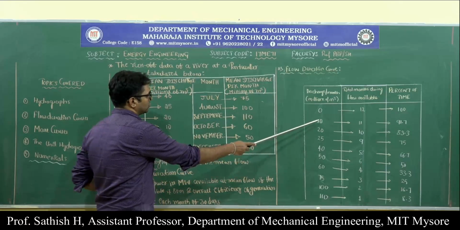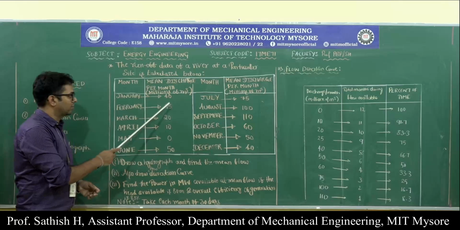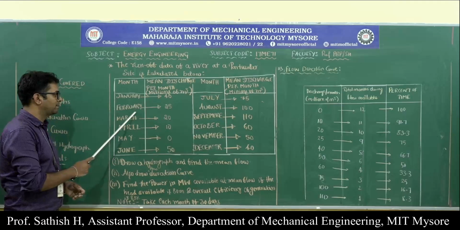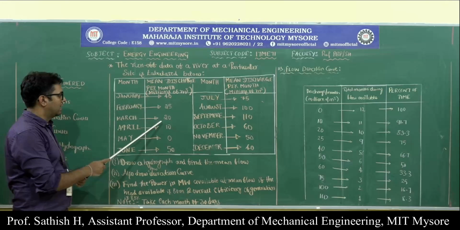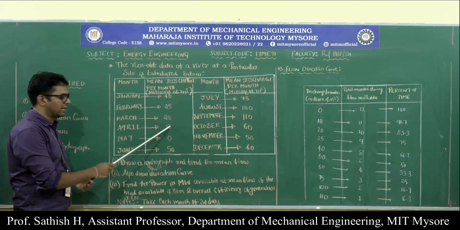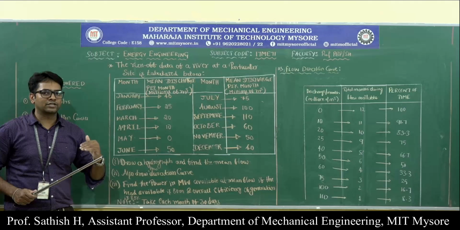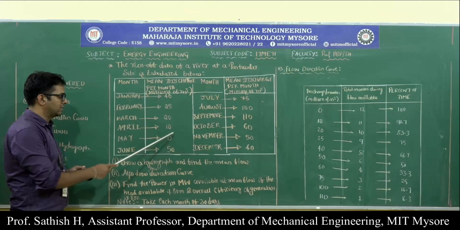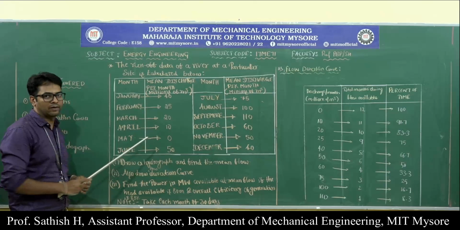Next we come to the 10 here. It is greater than 10 in January, February is also greater than 10, and March also greater than 10, and in April we have a discharge of 10. The only month where the discharge is less than 10 is May, so we need to exclude it from the calculation.